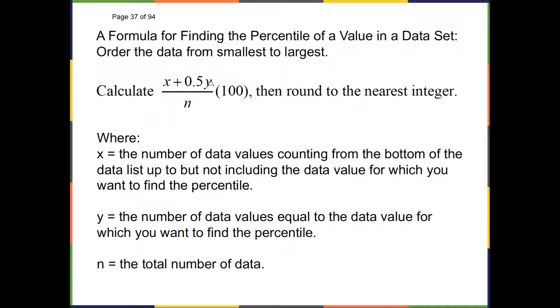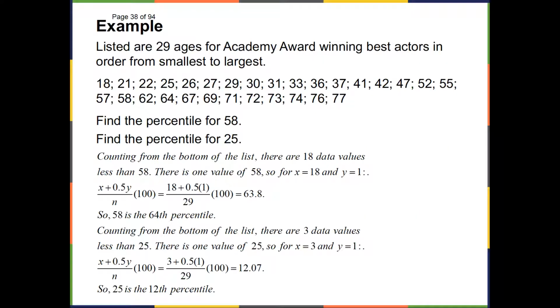Y here being how many of the values are equal to that same value, meaning do you have any repetition? And then n being how large the data is, how many data points do we have?